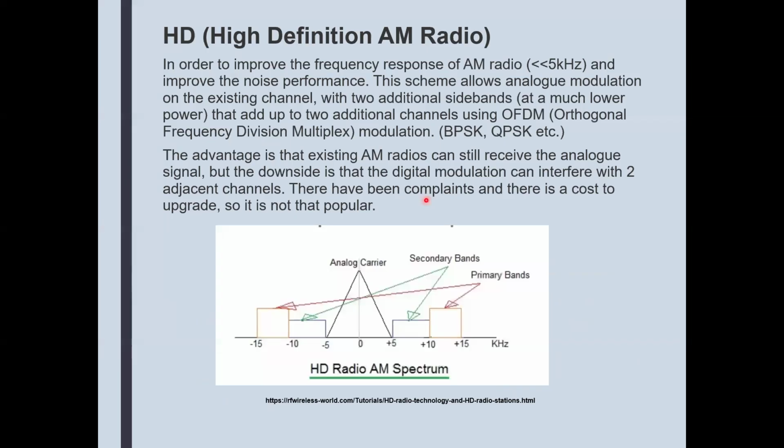I think it's the last slide here. In order to improve the frequency response, because AM frequency response is not as perfect as it could be, it was designed for voice, and by the way, you can transmit music as well.